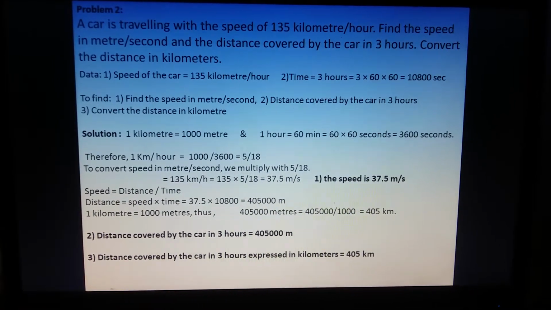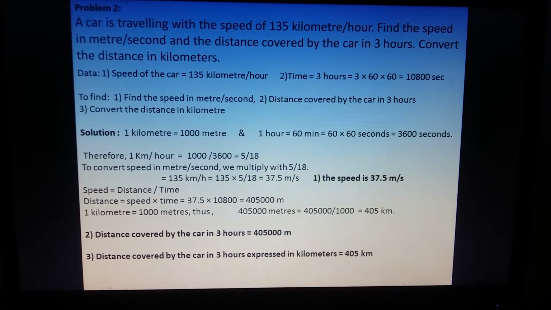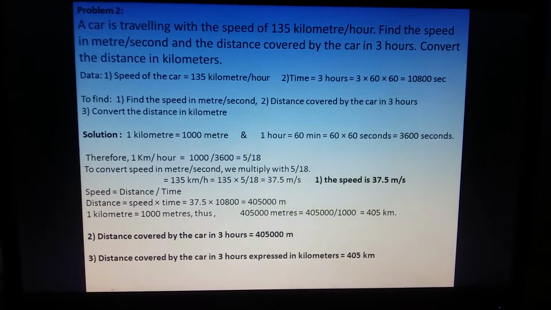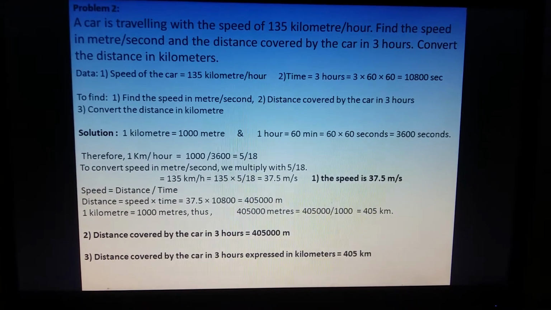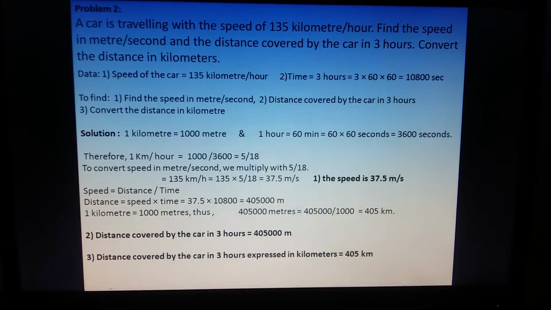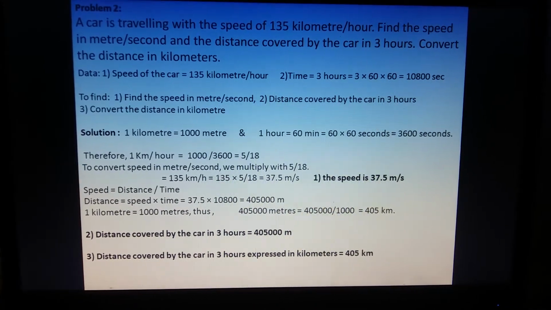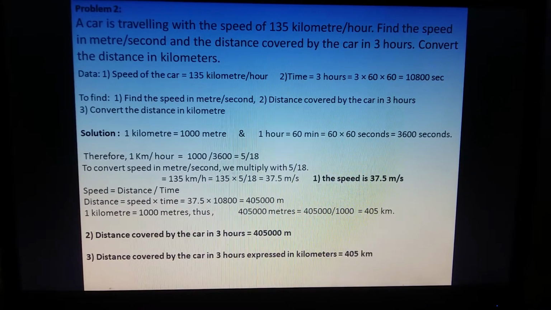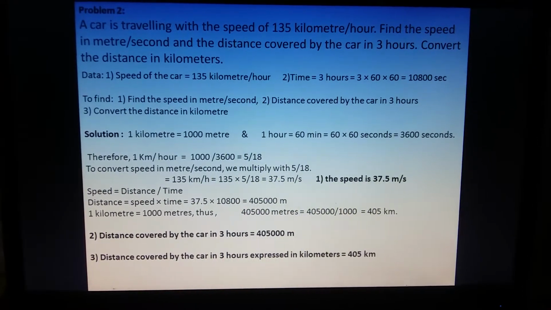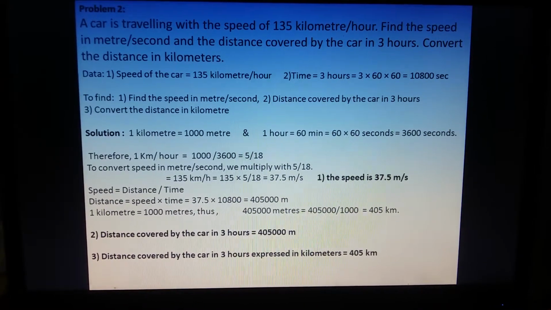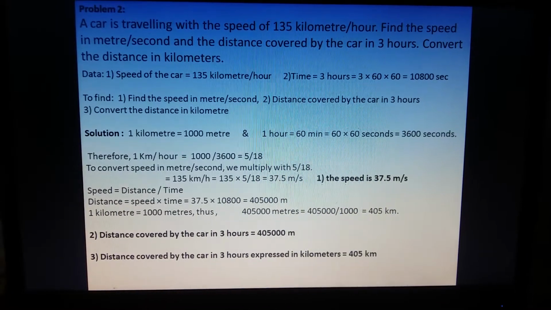Now here what data have been given? We know the speed of the car. It is 135 kilometers per hour. And we know the time taken by it. It is 3 hours. 3 hours means we have to convert hours into seconds. So this is 60 into 60 into 3.